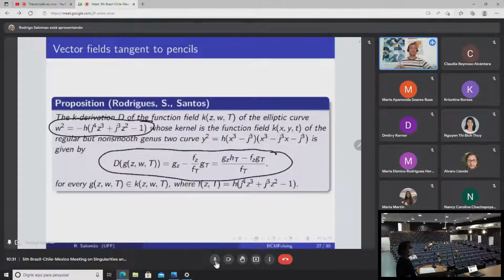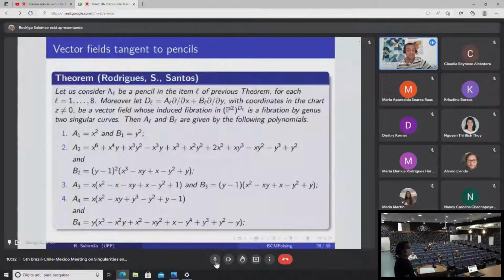And if we take this vector field and make some change of variables and contractions, we will reach the vector fields with prescribed tangents over the pencils on the projective plane, and the list is exactly this one.